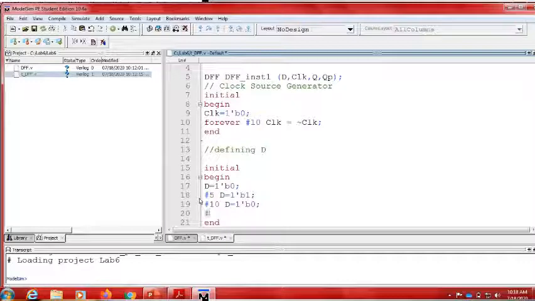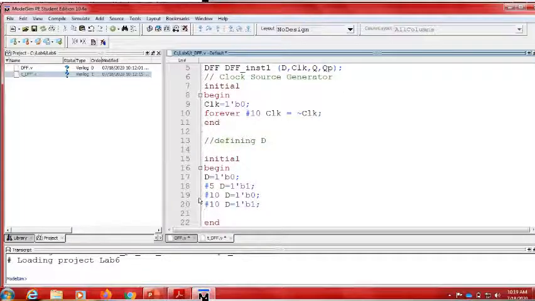Then after again #10, we are setting D equals 1'b1. Then after again 10 time frame, we are setting D equals 1'b0.